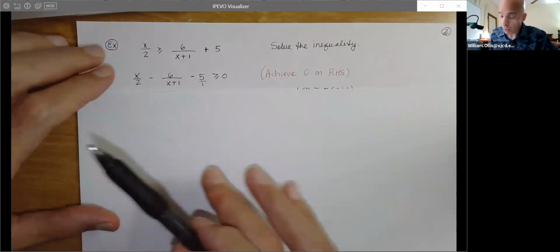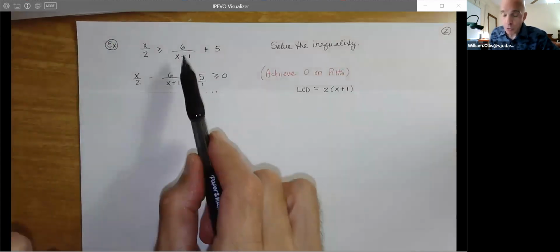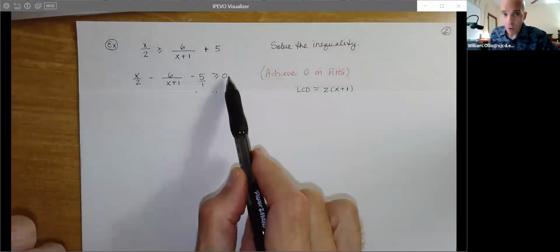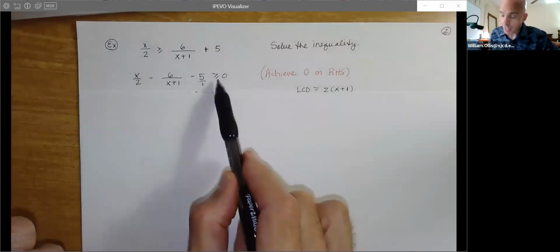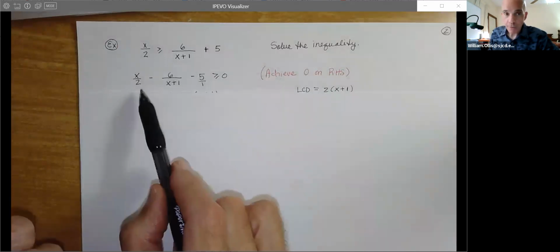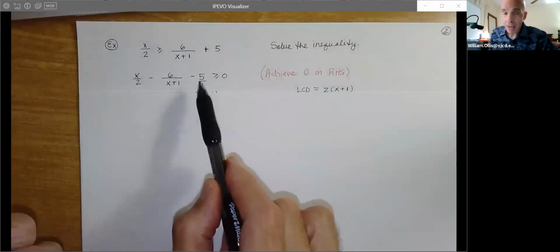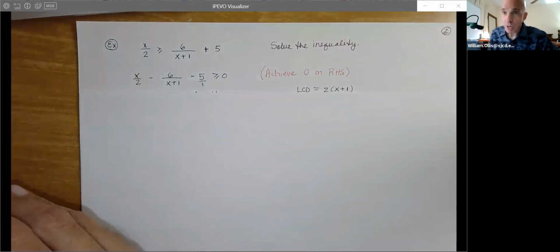But we're looking for all of them. So to do that, of course, we subtract both of these terms from the right-hand side and put everything on the left to achieve the 0. So we have x over 2 minus 6 divided by x plus 1 minus 5 over 1, which you've done in your inequality section.